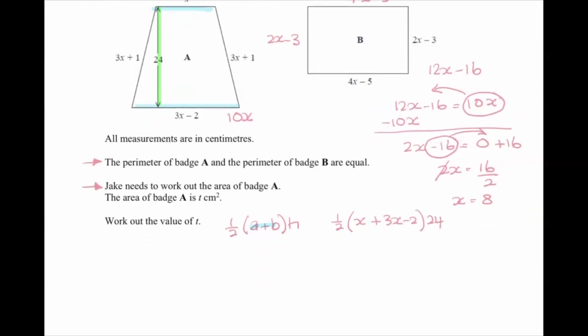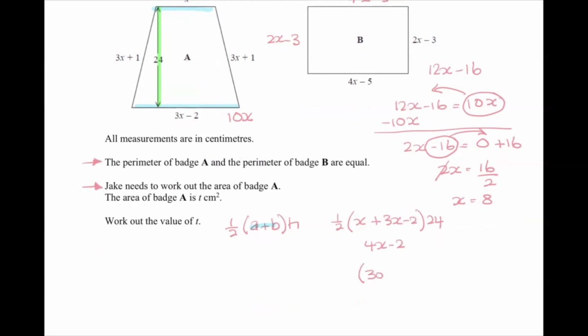Now, you could have already substituted your x in and found values. There's no right or wrong way here. I'm just doing it this way. So I've got 4x minus 2 in that bracket. I know that my x is 8. 4 8s are 32. Take off the 2 and I've got 30.